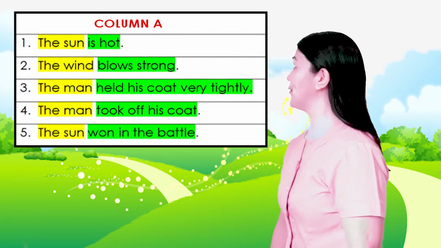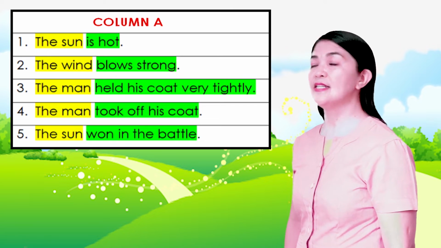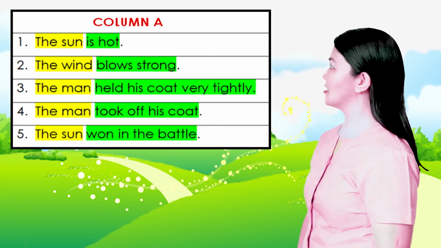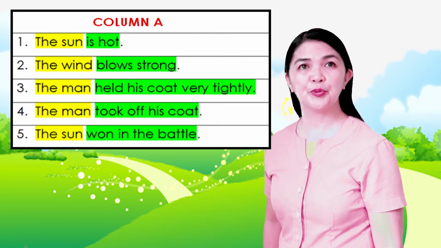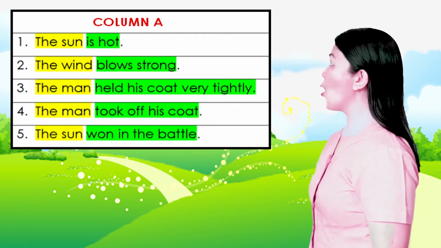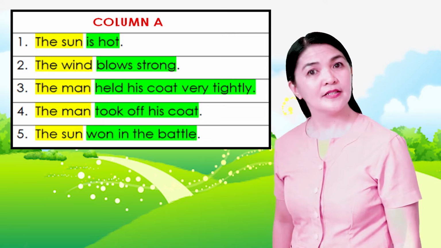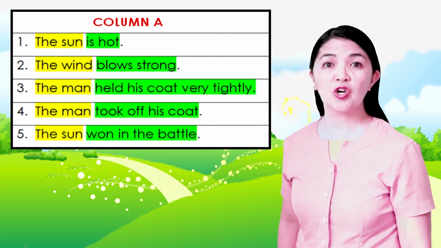This time, you're going to read and study these sentences that were taken from the story or fable. We have here column A. Number 1, the sun is hot. Number 2, the wind blows strong.